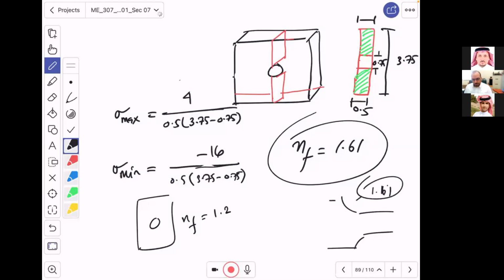Be careful. You may not tell him to watch out for the fillet. You tell him first of all, look at the hole. And this is the reason. It's not a joke. It's what the calculations are telling us. Do you understand?